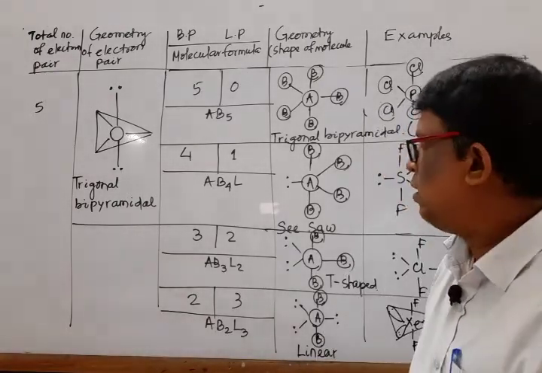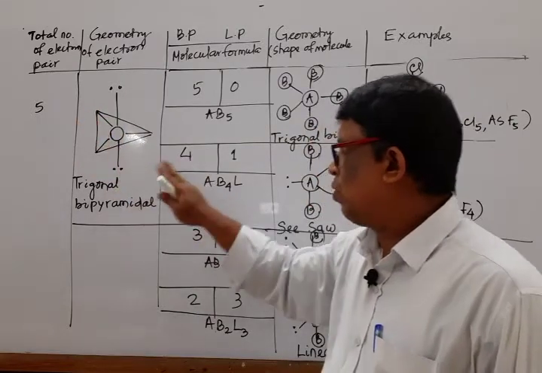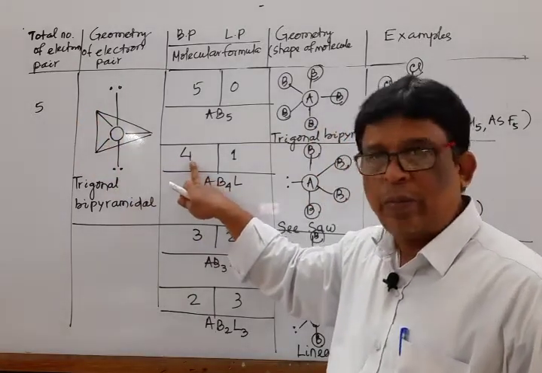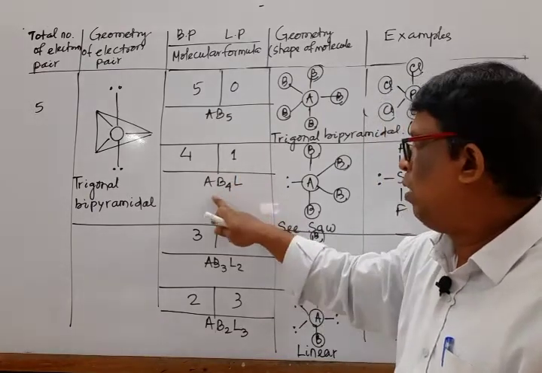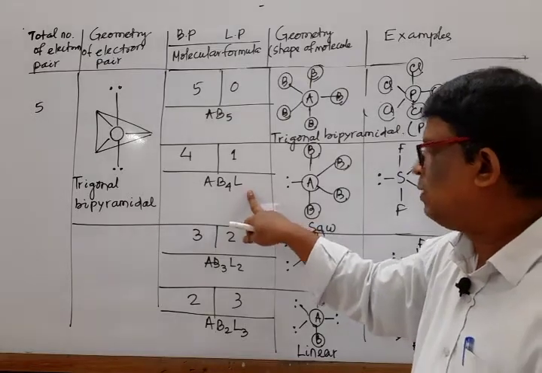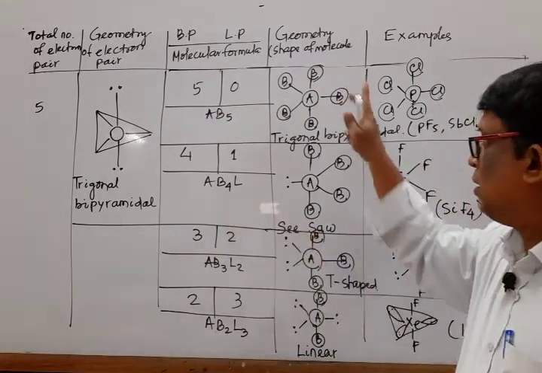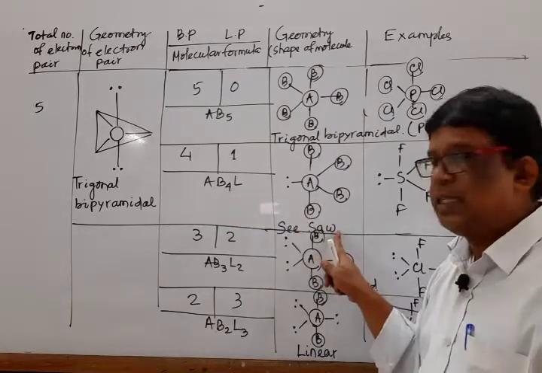What is case 2? Case 2 is that among the 5 electron pair, 4 are bond pair, 1 is lone pair. If it is the case, then the molecular formula is AB4L. If it is the case, then the shape of the molecule is distorted from that one. It is seesaw.